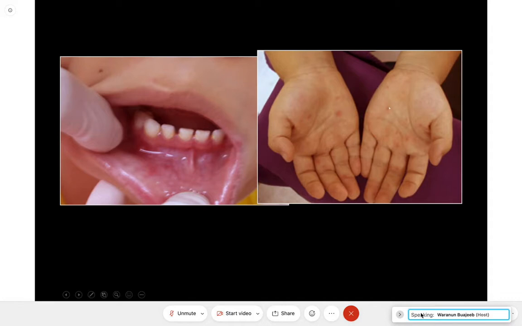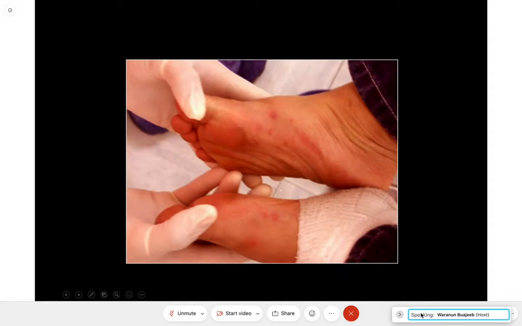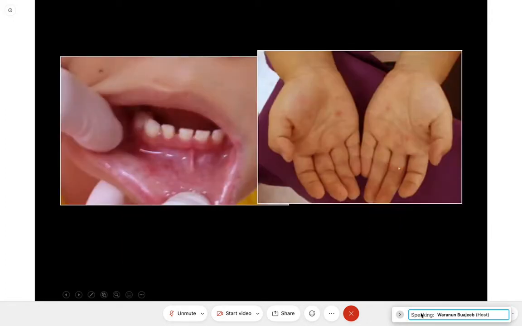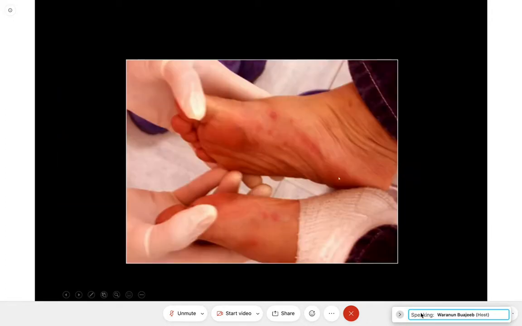And this is a macule and vesicle on their palm and on the feet. They can cause macules, papules, vesicles on the skin, in the oral cavity, hand, and feet.